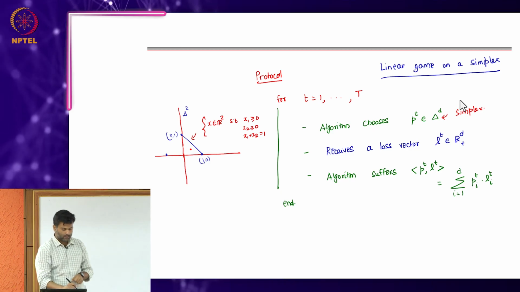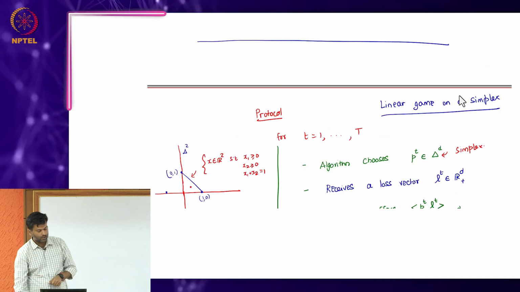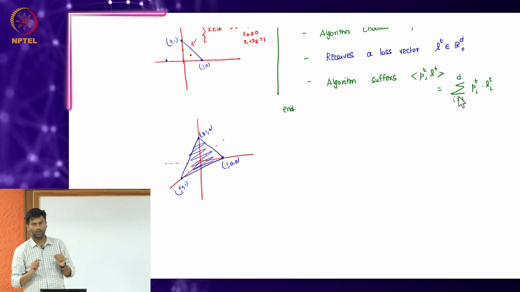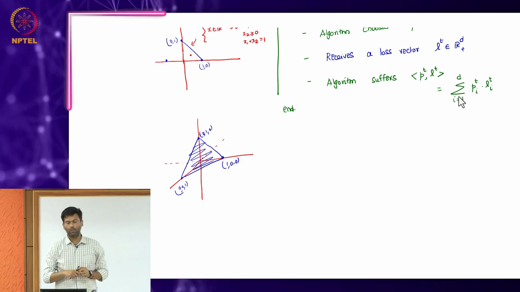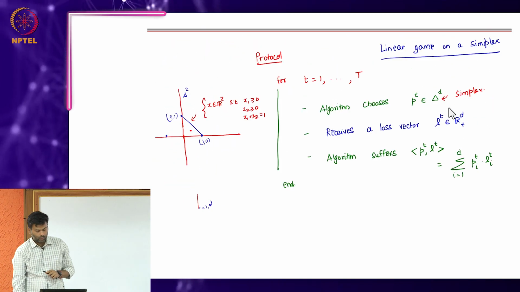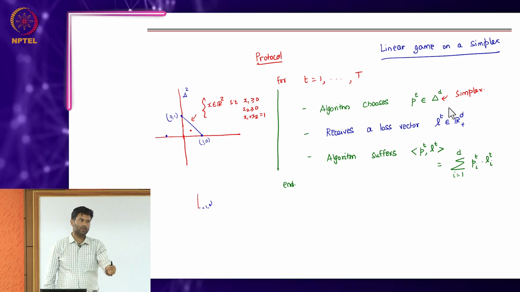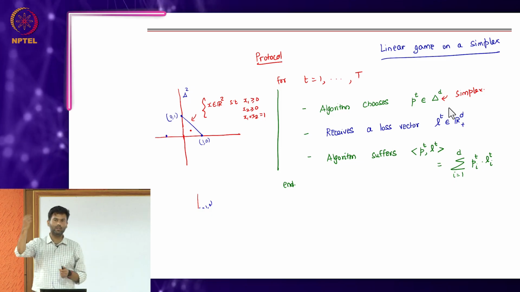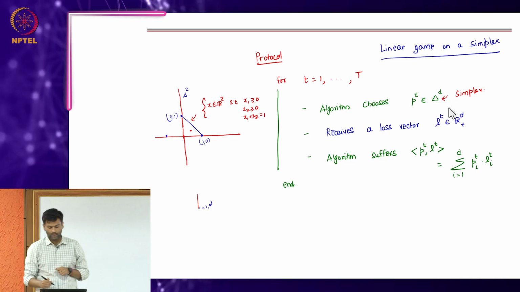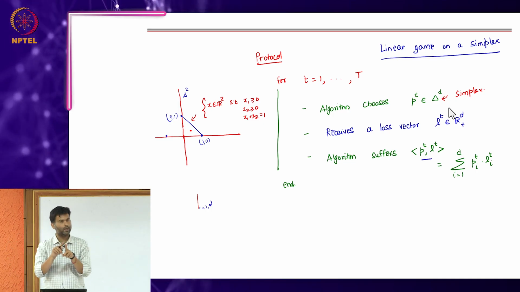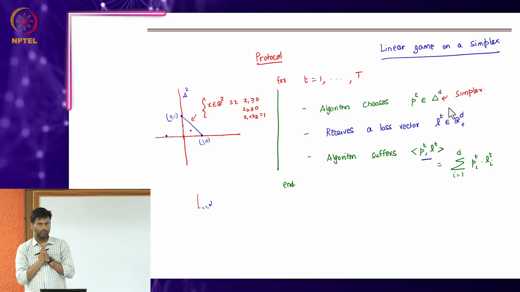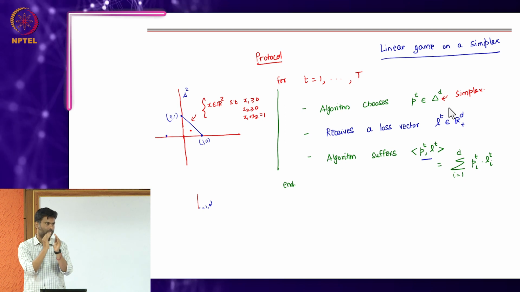In 2 dimensions this is the line from which it has to pick something. In 3 dimensions this is the region from which it has to pick something. In d dimensions, there is an equivalent object. Now the algorithm makes that choice at the first moment, and then it receives a loss vector, right. What it suffers is the dot product between what it chose and the loss vector that it received. That is the amount that the algorithm suffers in that particular round.